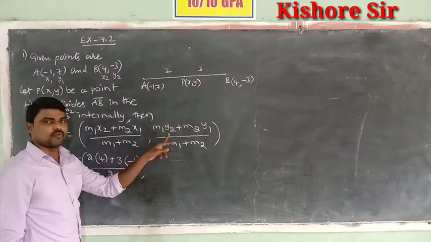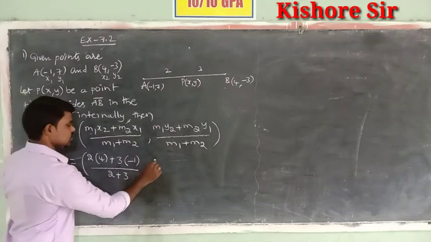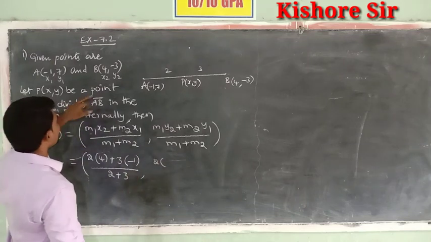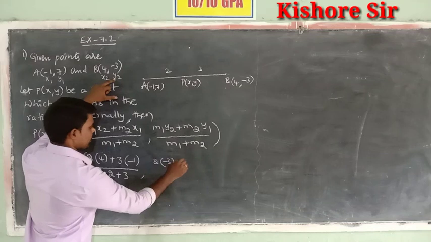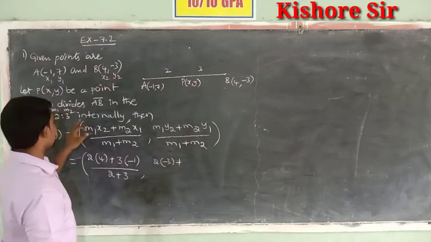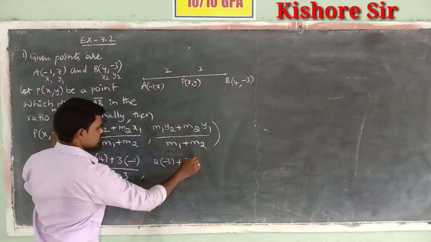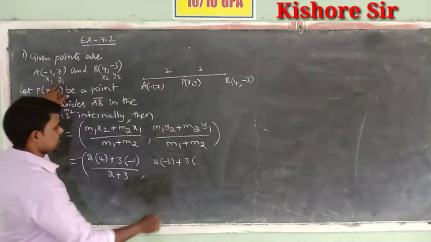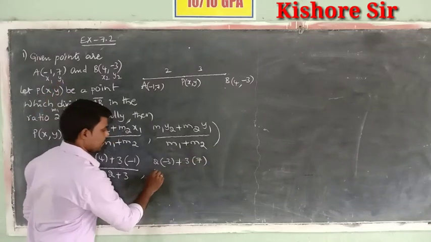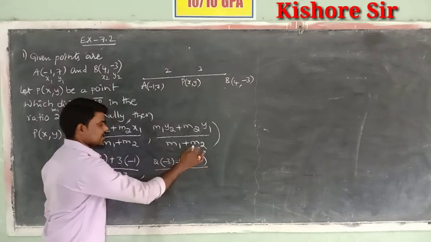Next, m1 value 2 into y2 minus 3 plus m2, the value of m2 is 3, and y1 value 7, by m1 plus m2, 2 plus 3.